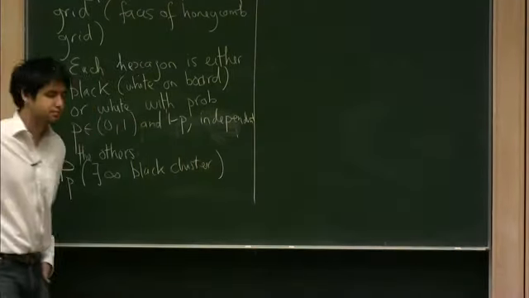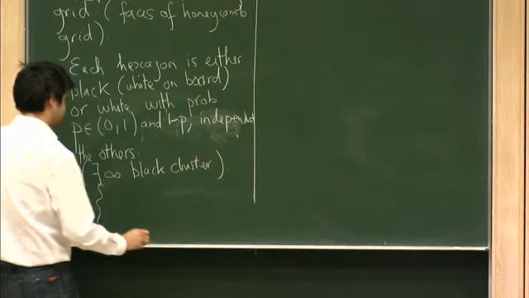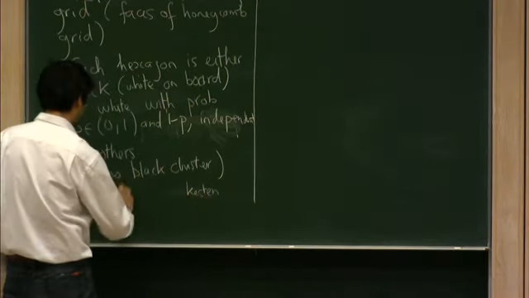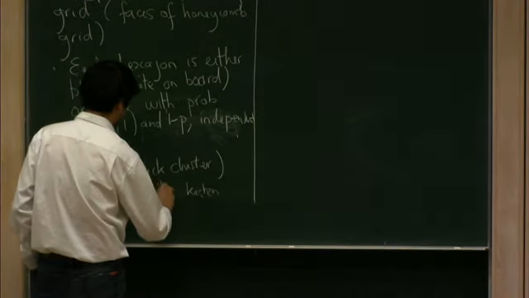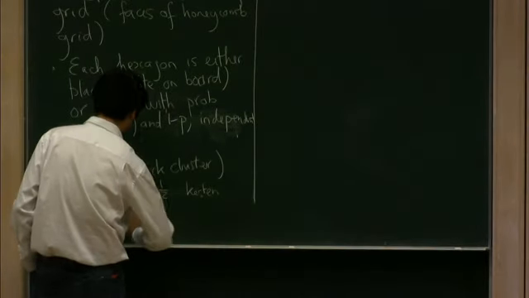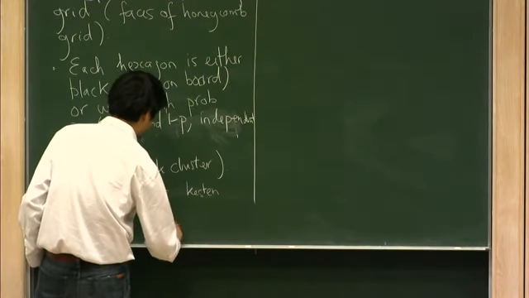Okay. And so, well, that's a result of Kesten, it is 0 for p less than or equal to 1/2, and it is equal to 1 for p greater than 1/2. Okay.